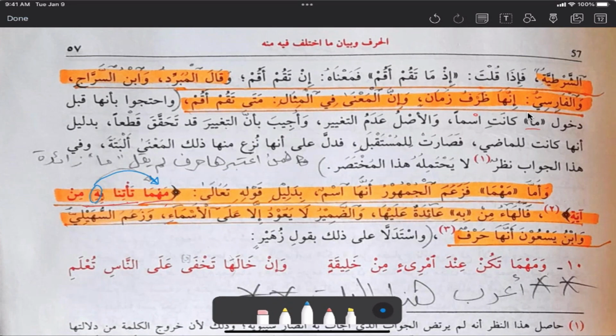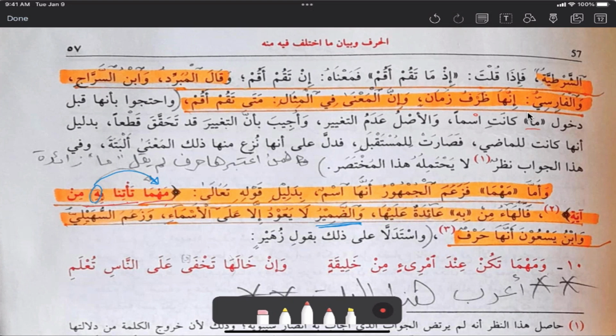It means this word mahma is the antecedent for the pronoun, meaning what the pronoun refers back to. وَالضَّمِيرُ لَا يَعُودُ إِلَّا عَلَى الْأَسْمَاءِ. And a pronoun does not return back to anything but a nominal. An antecedent for a pronoun would not be anything but a nominal.